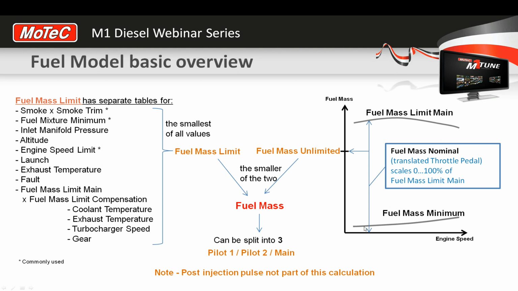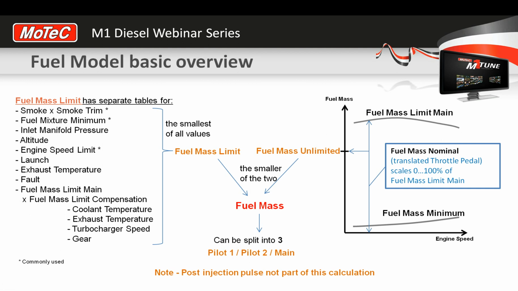Now I probably should have gone to the fuel mass minimum before I said that, but the minimum fuel mass is also derived down to be the minimum amount of fuel at the bottom. So the pedal actually scales between 0% pedal, which would be the fuel mass minimum, which is the fuel mass that's used to keep the engine running.